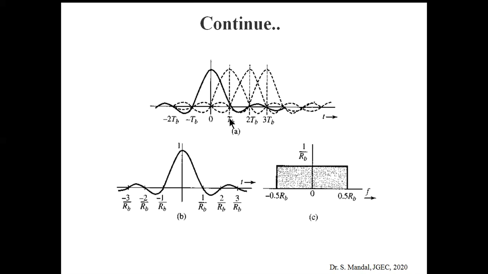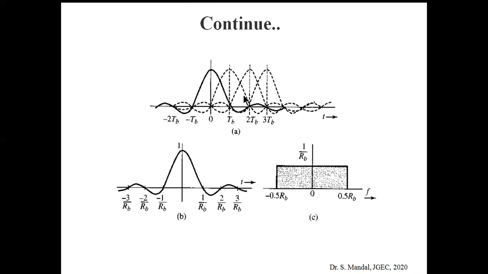For the second pulse we get a finite value of another sinc function, but as all the values of the other sinc function are 0 at Tb seconds, there is no overlapping at the decision making instant, so we can get only the corresponding value of this pulse.